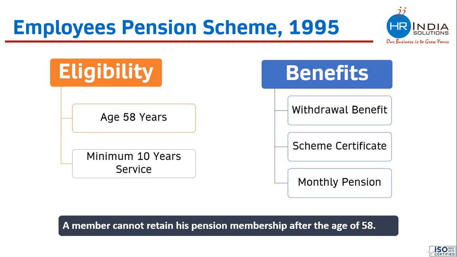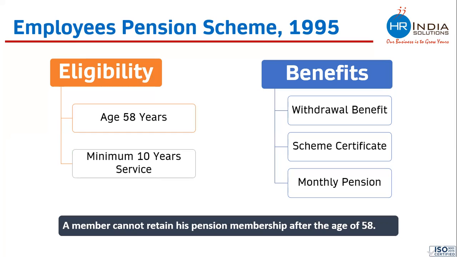Once you have achieved the age of 58 years, you cease to be a member of the Provident Pension Fund. After 58 years, it is mandatory that you are excluded from pension. You can continue as a PF member, but you will not remain a member of the pension fund.